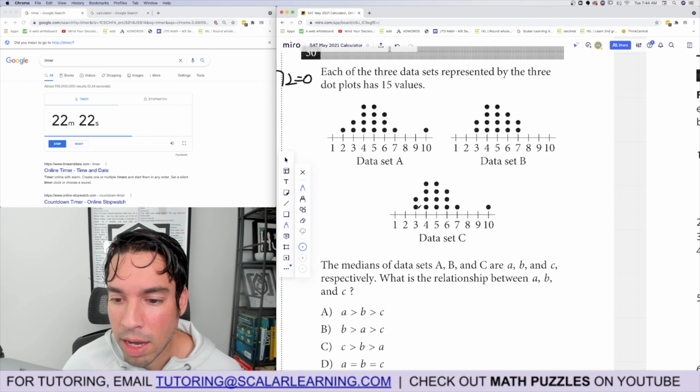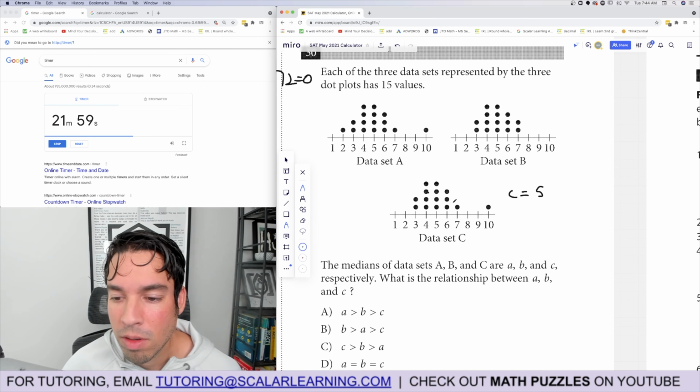So C has 10. I don't know. This is so weird. I've never seen this happen before. Okay. So then the median here, if it's 15, 1, 2, 3, 4, 5, 6, 7.